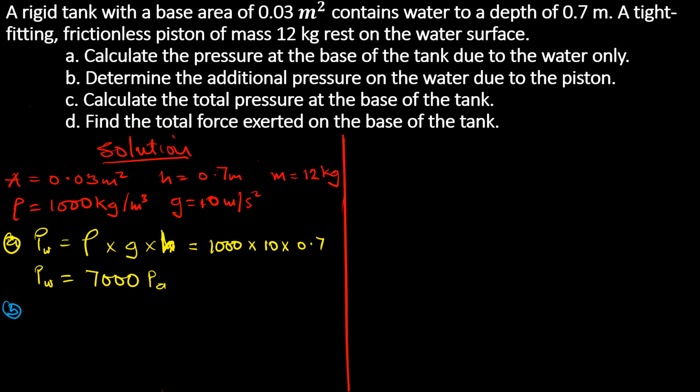So question B, we are to determine the additional pressure on the water due to the piston. So we are to calculate the pressure exerted by the piston onto the water.